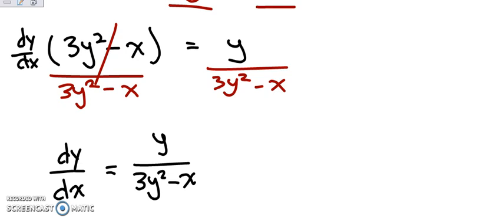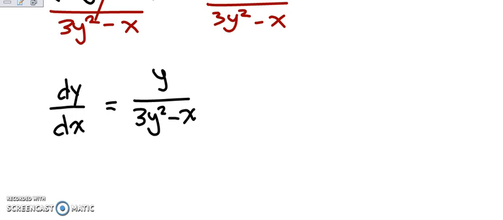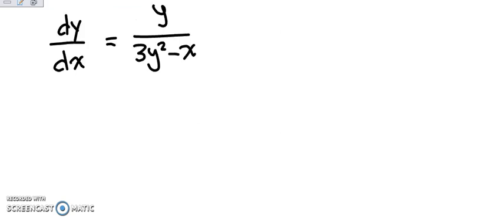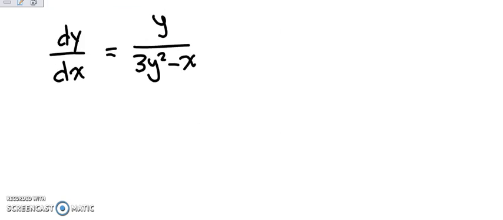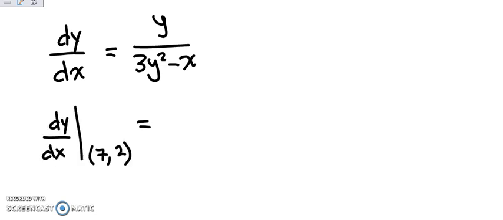So let's plug in the point 7, 2. And this is the notation you would normally use when you want the derivative at a certain point. The derivative of y with respect to x at the point 7, 2. Well, we know that the point 7, 2 means x equals 7, y equals 2.